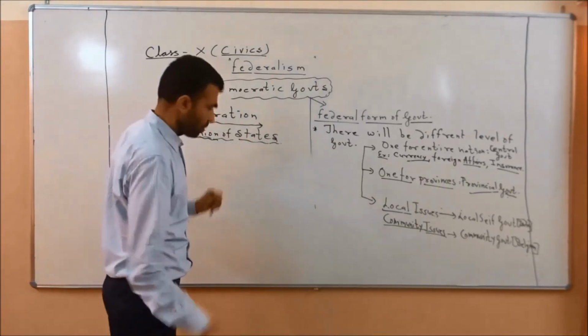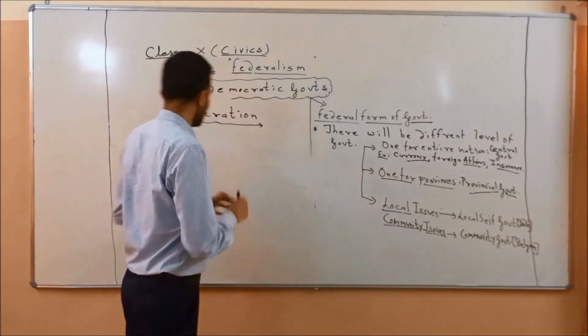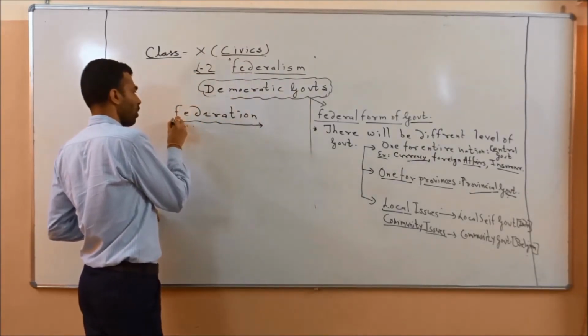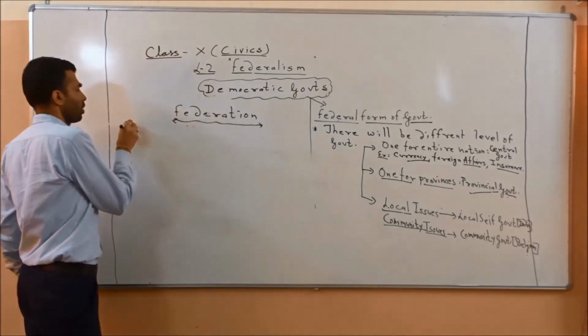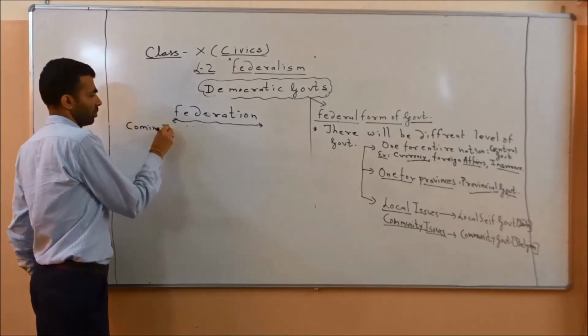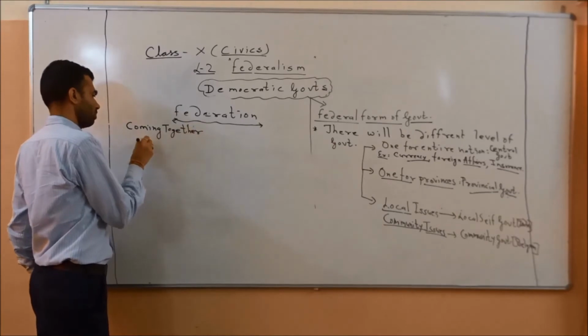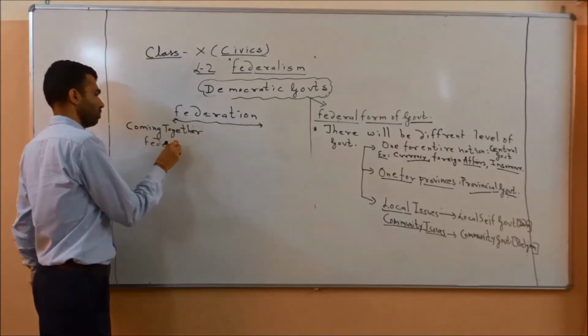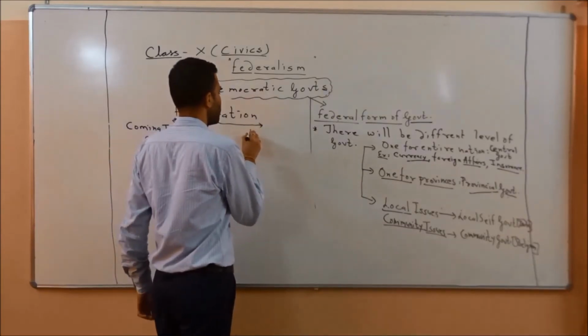Federations are of two types. Two categories of federations are there. Number one is coming together federation, and number two is holding together federation.